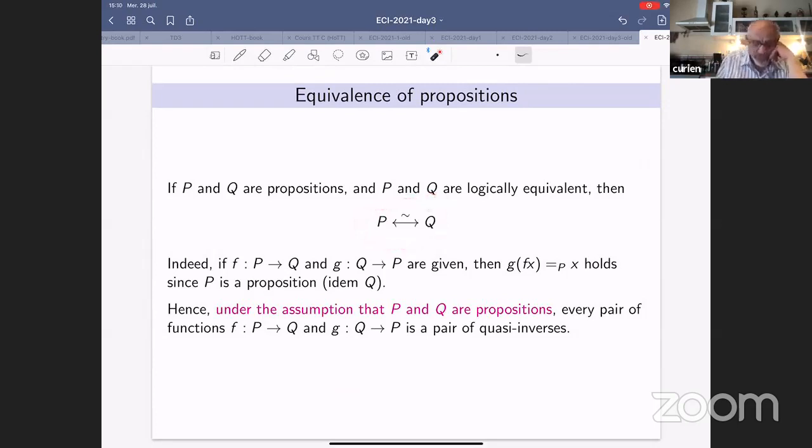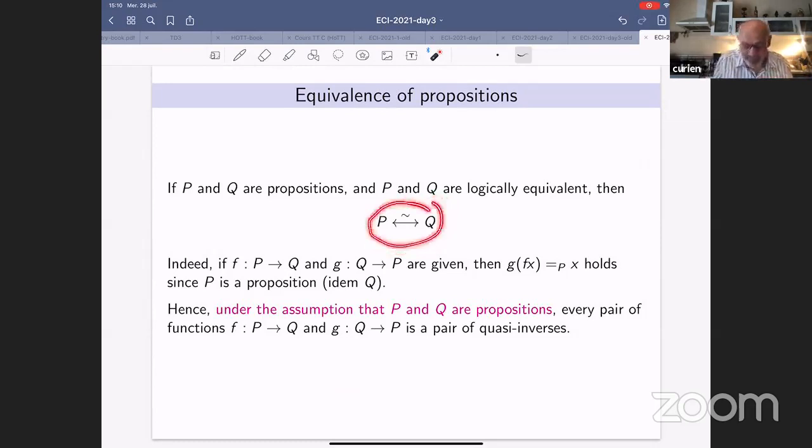Coming back to our Q-inv versus bi-inv problem, the fact is that bi-inv is a proposition and Q-inv is not a proposition. So I cannot apply this in this case. But if we know that two types are propositions, and if we know that they are logically equivalent, then they are equivalent. Of course, the converse is trivially true.